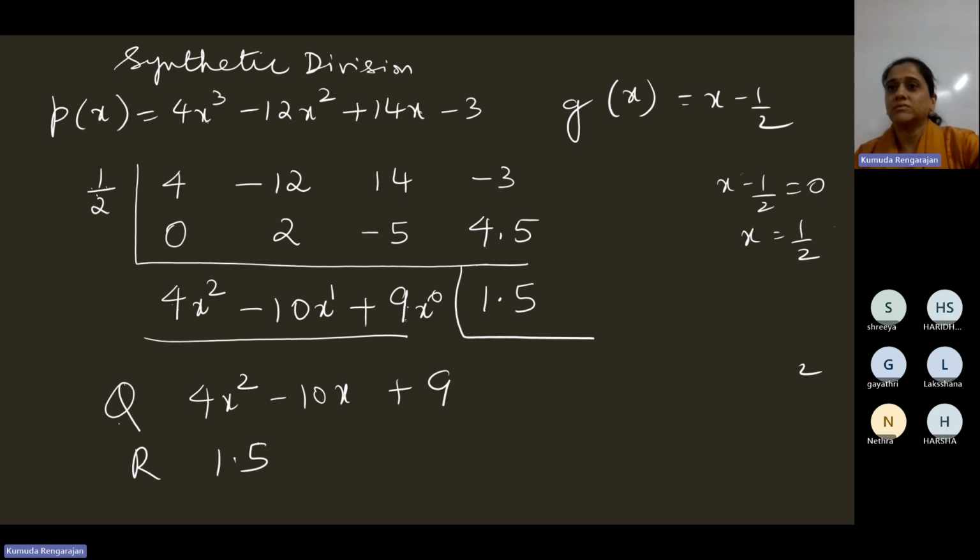That lengthy division, you have to pick the phone now. Okay, so 4x squared minus 10x plus 9 is the quotient and 1.5 is the remainder. The last number is the remainder.